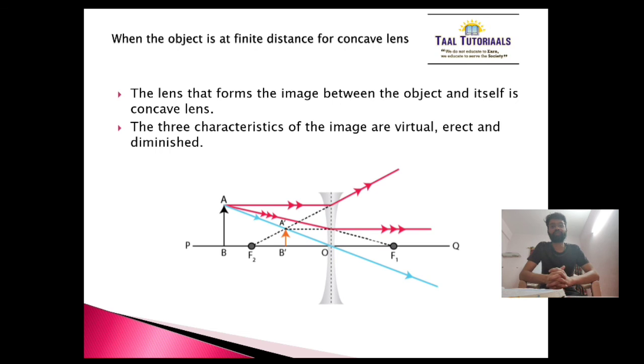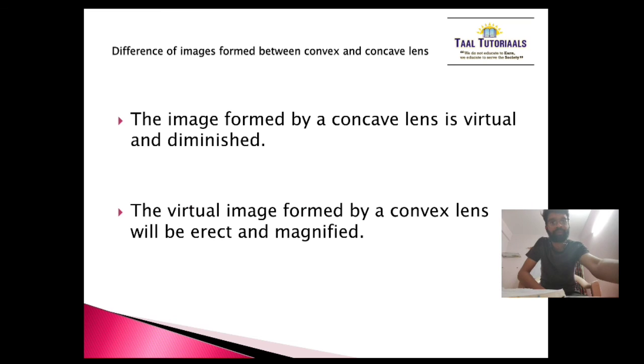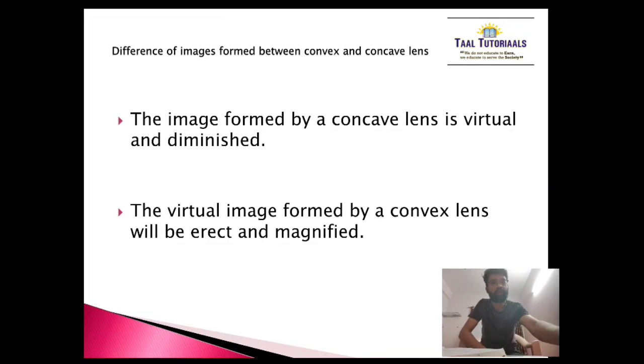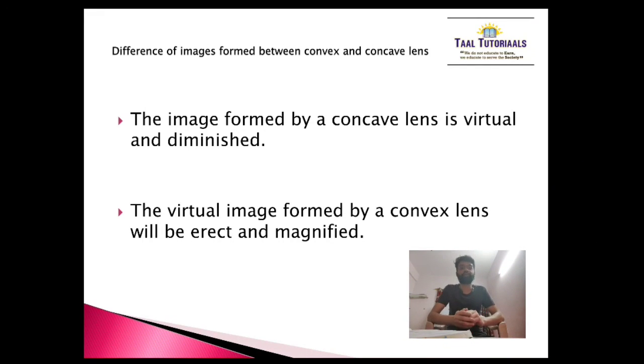Hence, this is a virtual image, formed between the object and the lens itself, for a concave lens. The three characteristics of this kind of image are virtual, erect and diminished. If someone asks you to differentiate between the image formed by a convex and a concave lens, how will you define it?